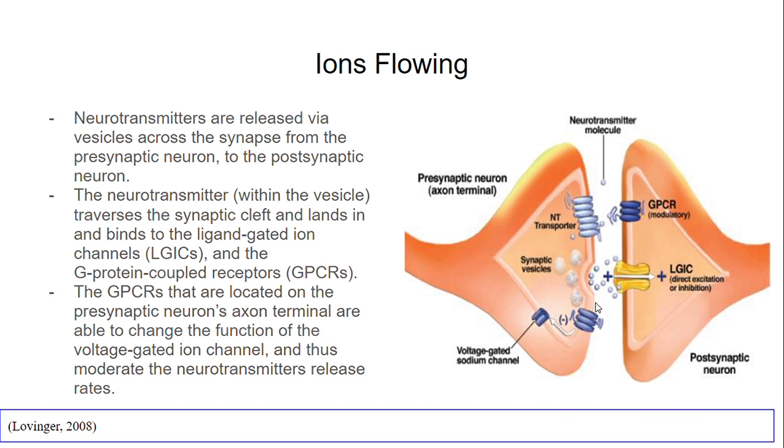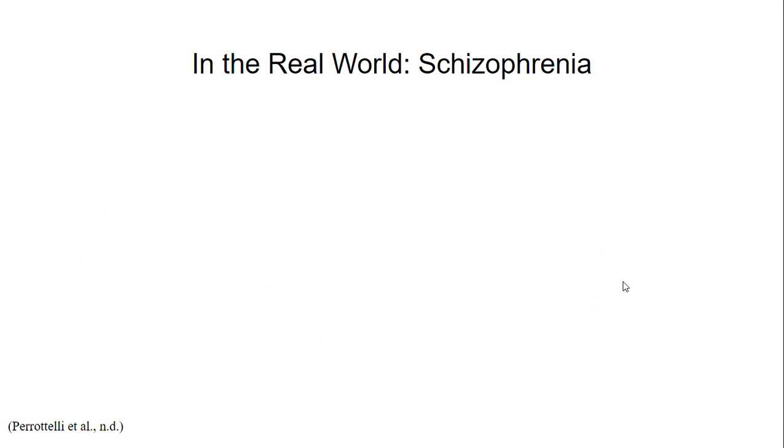Because this G protein coupled receptor is able to influence the voltage-gated sodium channel, this GPCR is then able to actually moderate the flow of neurotransmitters to either increase or decrease the flow.